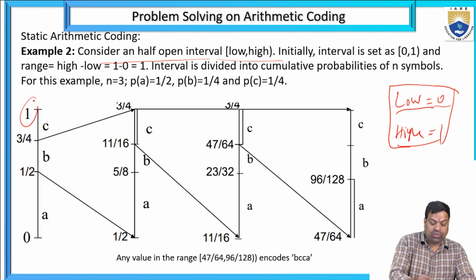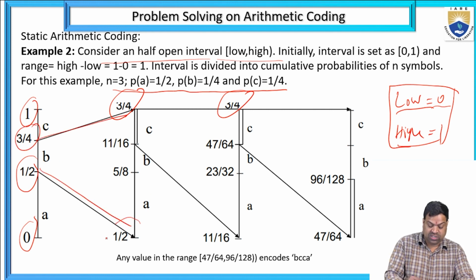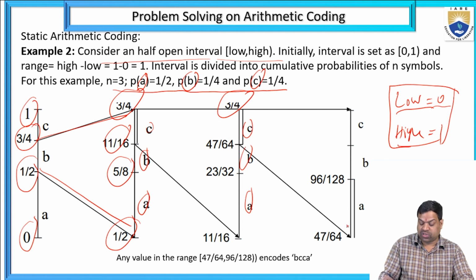So the values are 0 to 1/2, then up to 3/4, and the last value is 1. The end value is 3/4. Taking the average, 1/2, 5/8, 11/16, because there are three ranges: A, B, C. Then the probabilities are 23/32 and 47/64, then 47/64 and 96/128.